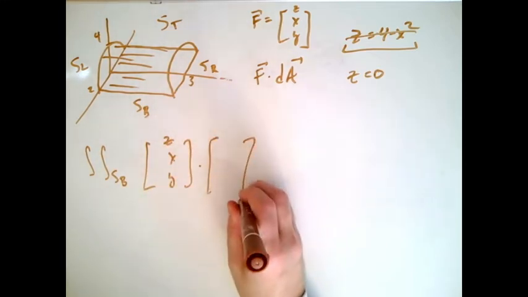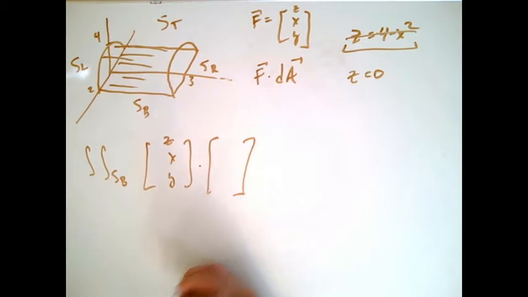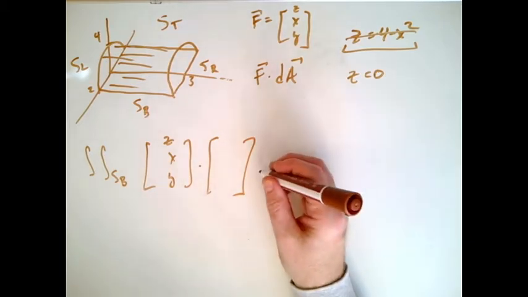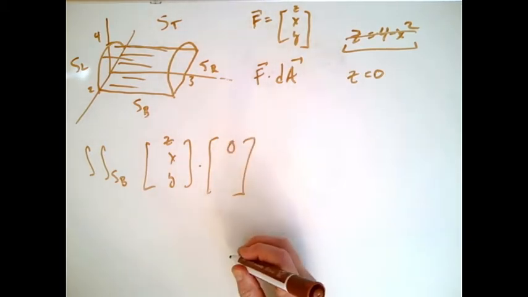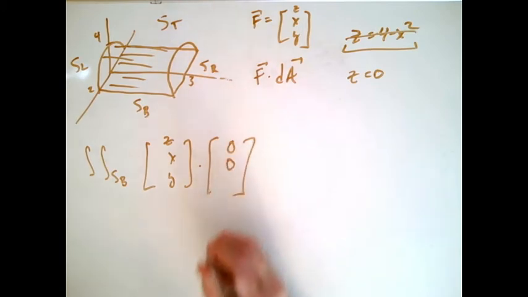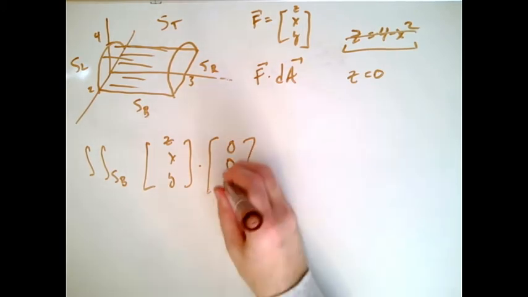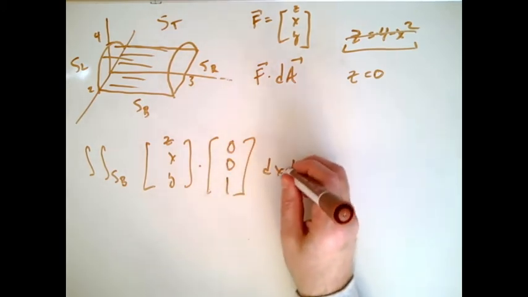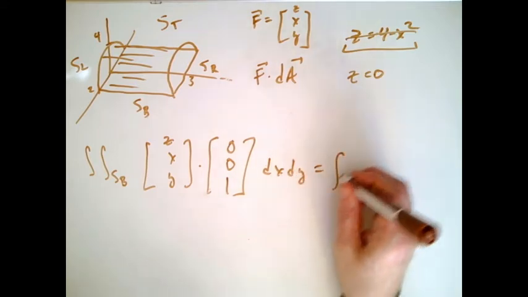And using z equals 0 as our function, I'm supposed to find the partial derivatives. The partial derivative with respect to x is 0. The partial derivative with respect to y, even negative, is 0. And what I'm going to be left with is 1. I know this is going to be dx dy, like this.